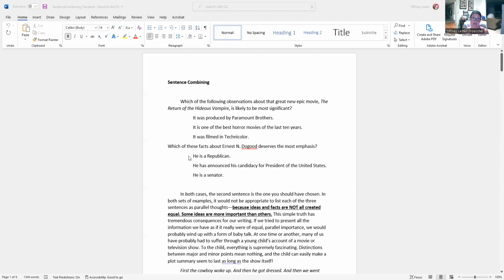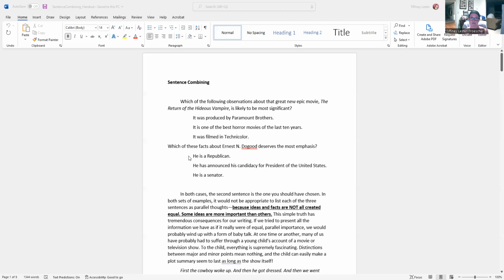So yes, sometimes a short, to the point sentence can be effective, but you don't want to have your writing full of those short, to the point sentences. Again, it just takes away from the elevated nature of your writing. B, it can get very boring and monotonous when it's just a bunch of short, choppy sentences.